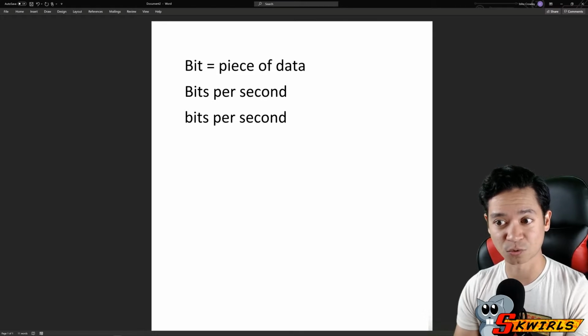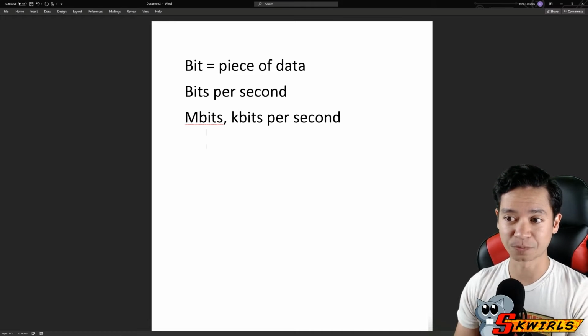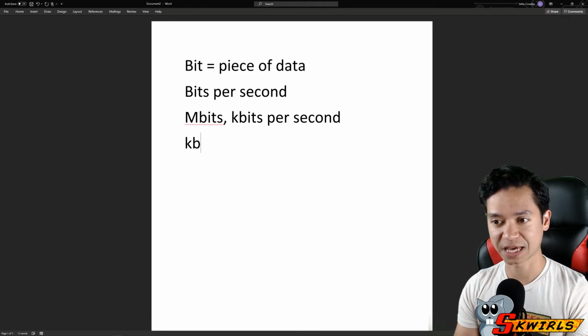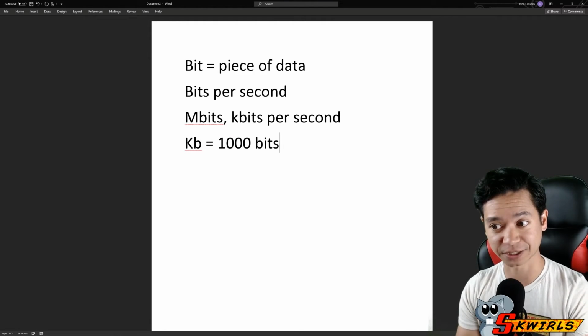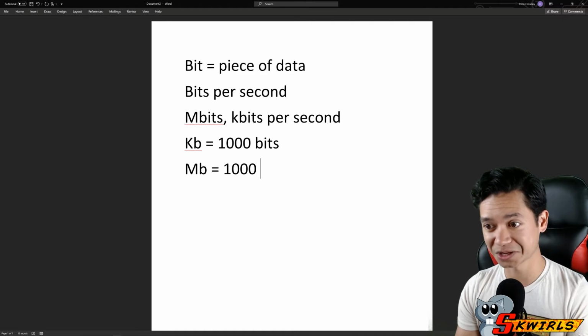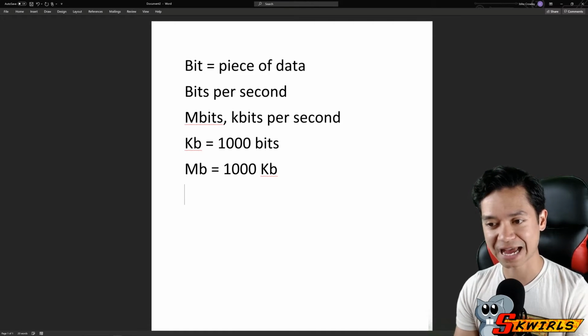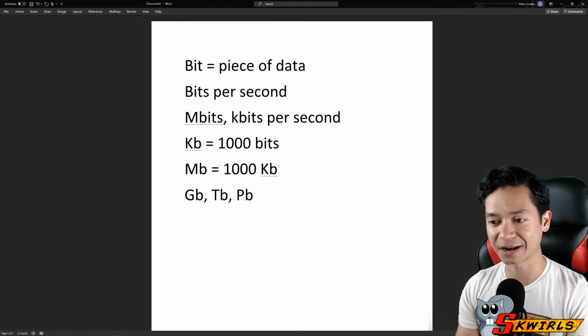All right. So what are kilobits and megabits? Kilobits, Kb, equal 1,000 bits, essentially. And megabits are 1,000 kilobits, and so on and so forth with gigabits, and then terabits, and petabits.